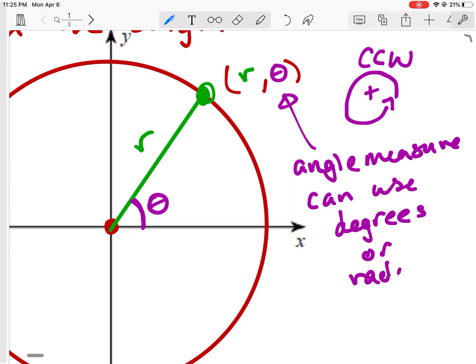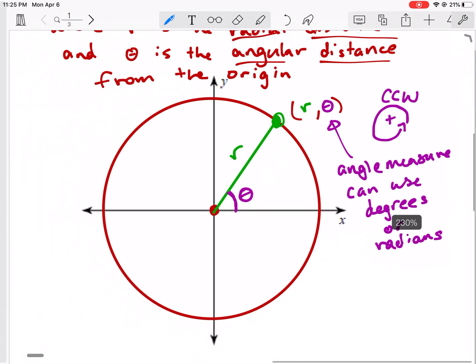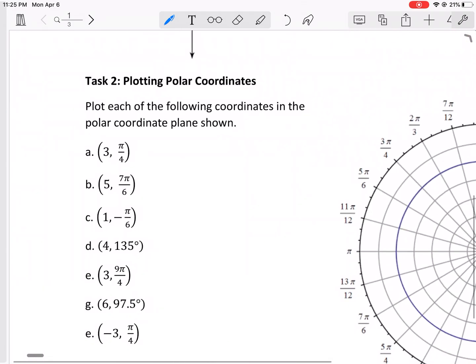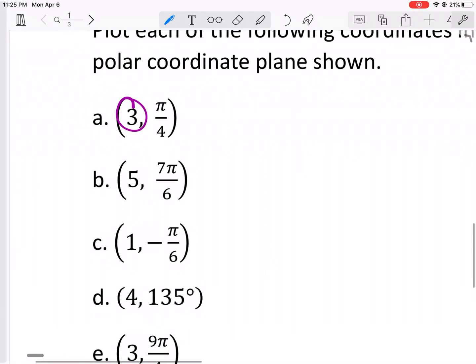I'll try to use both of them throughout this, that way we're familiar with what things look like with both, but they're just different ways of writing angle measures. So in our case, we have a distance of 3 radially from the origin, and angularly pi over 4, this is a radian measure.